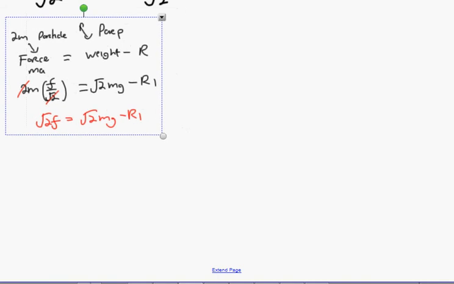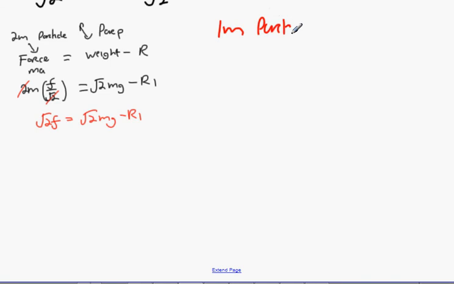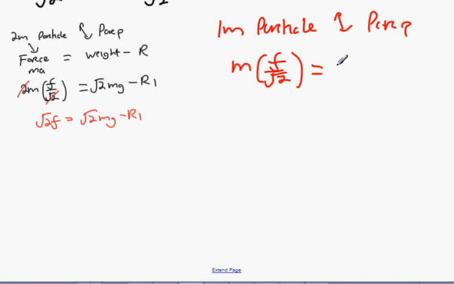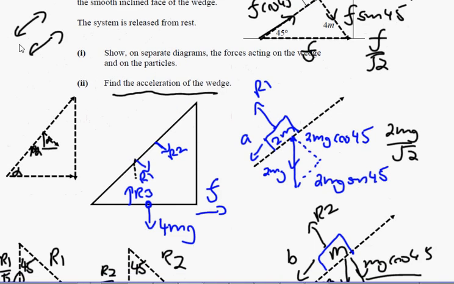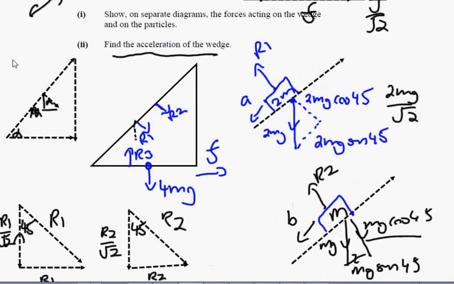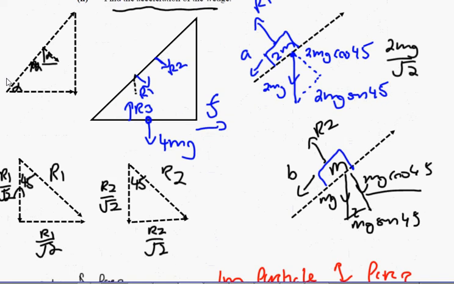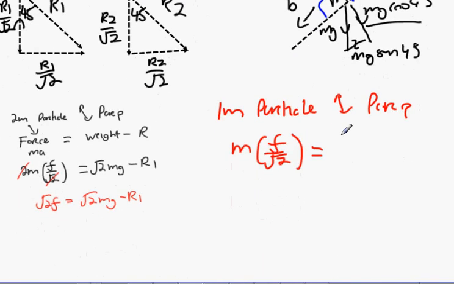Okay, now we're going to do the 1m particle perpendicular. Same, nearly exactly the same system. So the 1m particle is going to be m times F over root 2 equals, what's it going to be? mg cos theta, which is going to be mg over root 2.